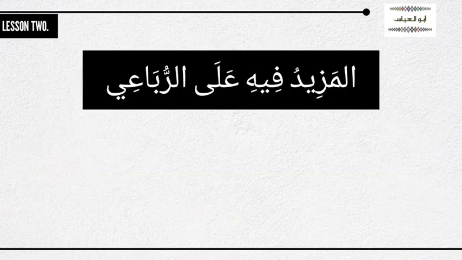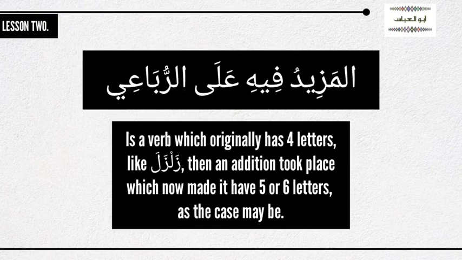Al-mazidu fihi ala rubai is that verb whereby it used to be 4 in number, like zalzala. Then an addition took place and it became 5 or 6 as the case may be. Such a verb, you call it al-mazidu fihi ala rubai.